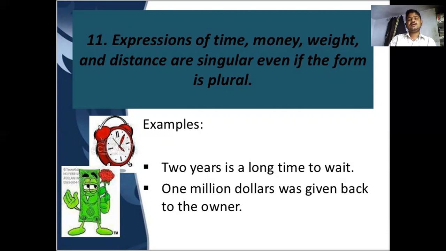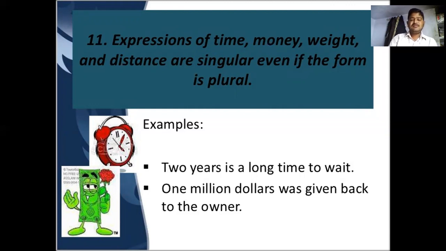Why? Because two years, whatever the time may be, expressions of time should always be in singular form for the agreement between the subject and the verb form. Two years is a long time to wait. $1 million was given back to the owner.